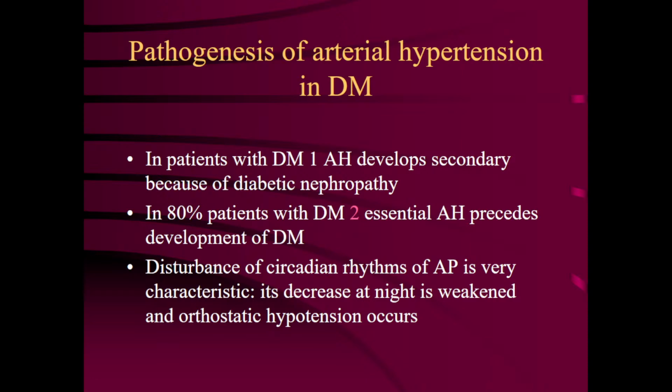So firstly, essential arterial hypertension, then diabetes mellitus type 2, and the combination will lead to the worsening of the patient condition. And what else is also important to know? Disturbance of circadian rhythms of arterial blood pressure is very characteristic. Its decrease at night is weakened and orthostatic hypertension occurs.